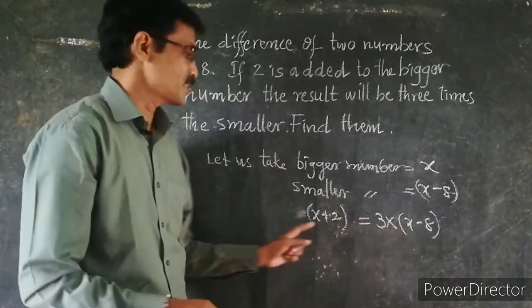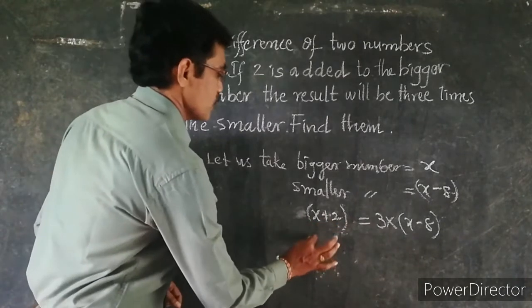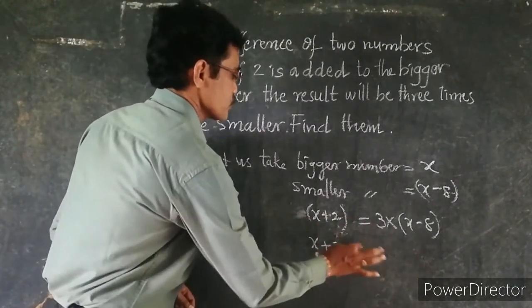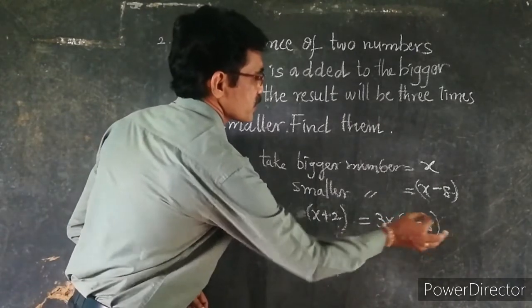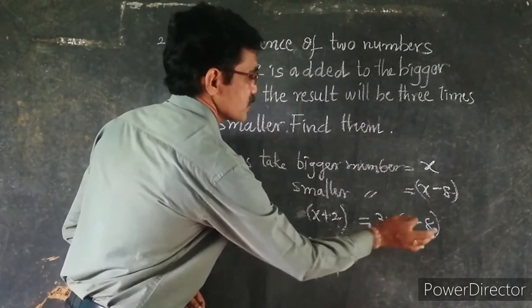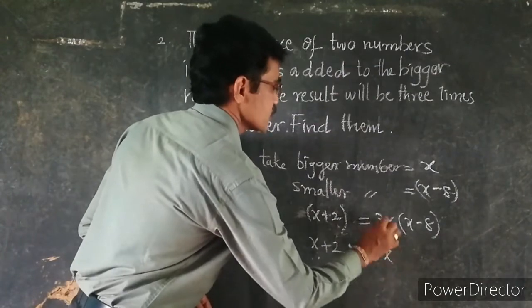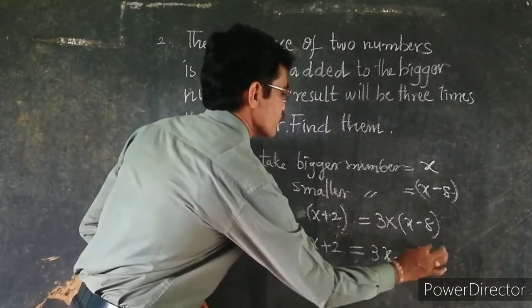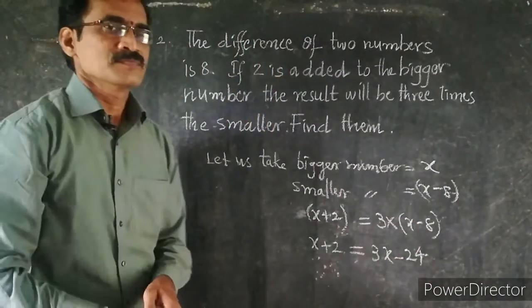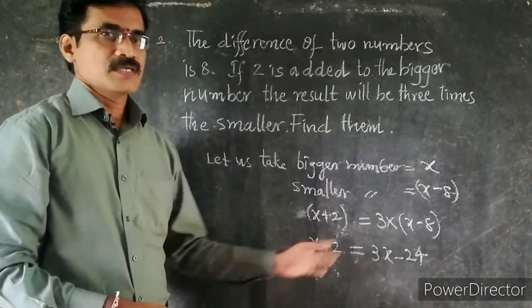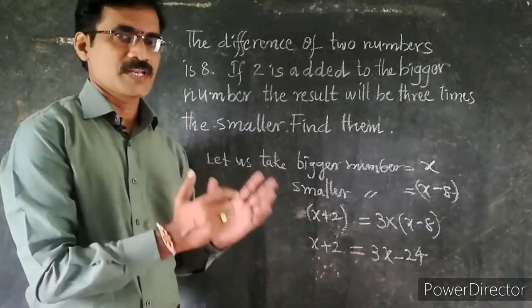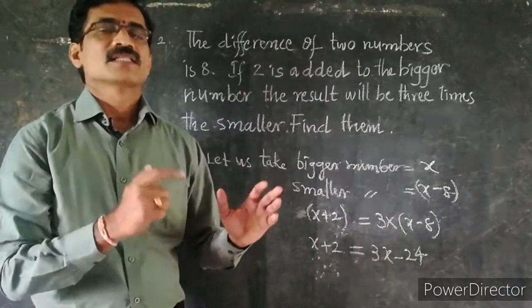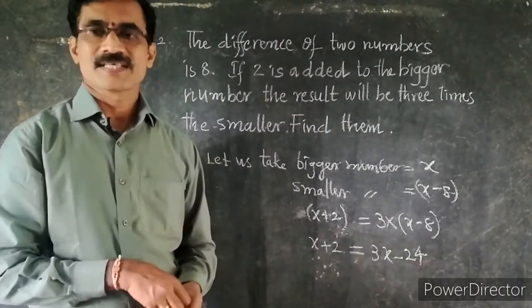Now let us simplify this equation. Left hand side x plus 2. Next, the right hand side: you multiply x minus 8 with 3, that means 3 into x is 3x, 3 8s are 24. Next, transposing. By transposing, variables go to one side and constants to the other side.